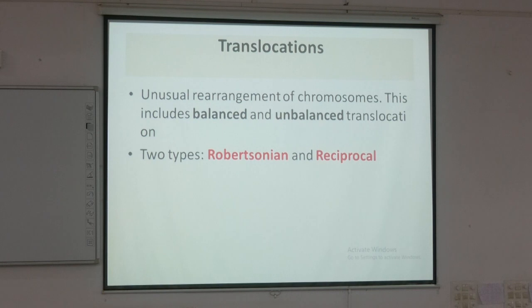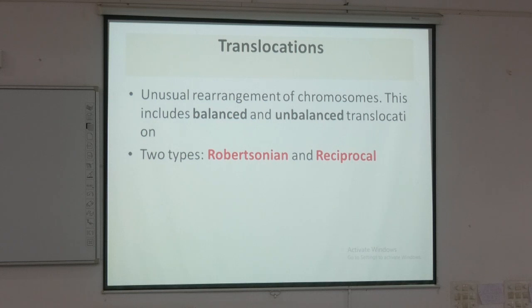So, there are 2 varieties of translocations. One of them we call Robertsonian translocation, which is of prime importance. We will know why this Robertsonian translocation is important. The other we call reciprocal translocation. Now, what happens with the Robertsonian translocation? It is the entire arm of a chromosome which switches position.